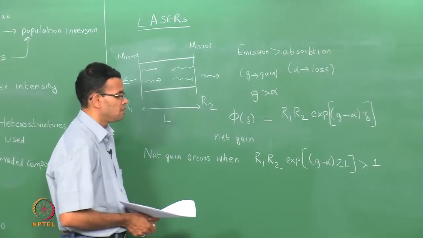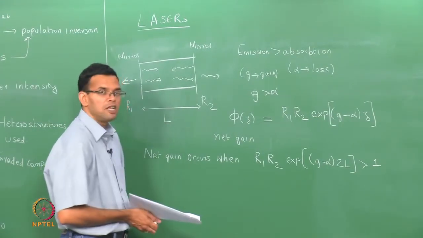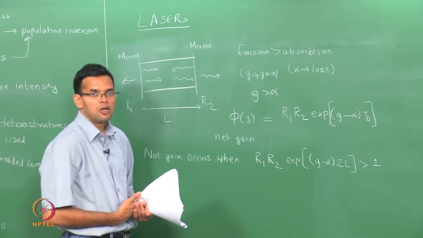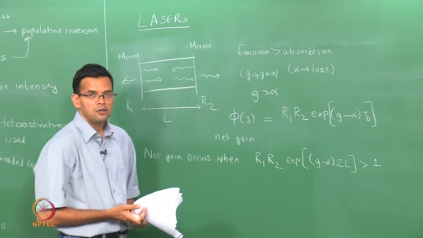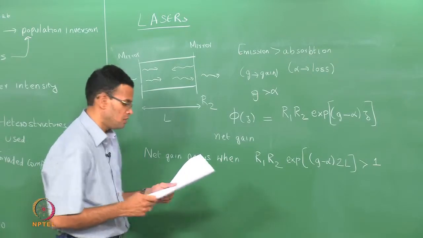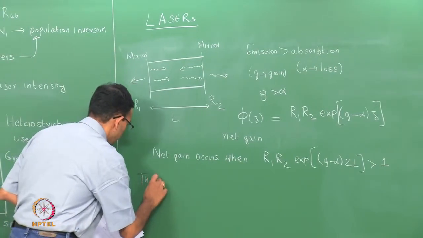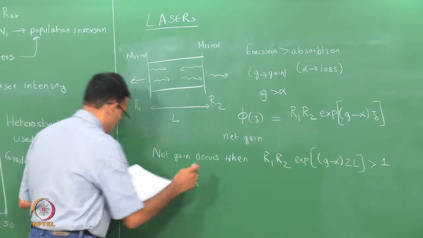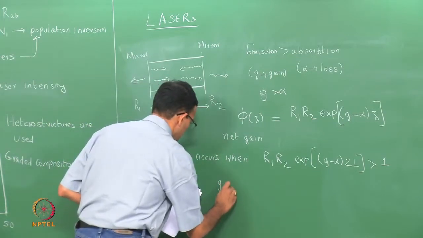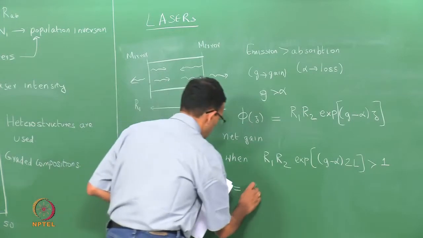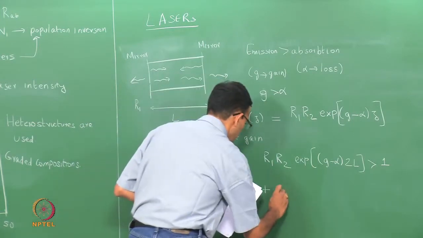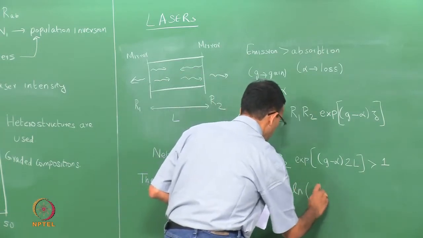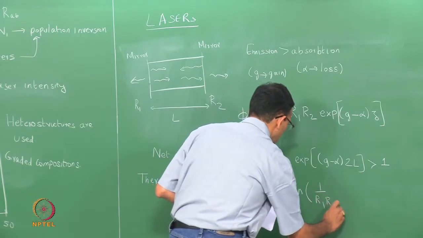Usually we like to define something called a threshold gain, which tells you how much current you need to supply in order for lasing action to occur. Once again, you must supply enough current so that the emission is more than the absorption. So, we define a threshold gain equal to alpha plus 1 over 2L ln of 1 over R1 R2.